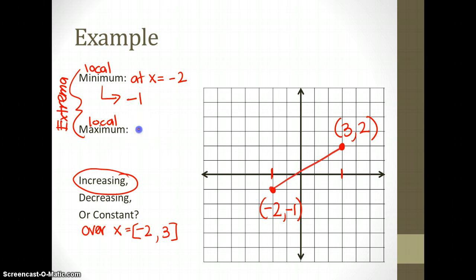The maximum value is at x equals 3, but the maximum is actually 2. So when you say the maximum and the minimum, you're talking about the actual y value. It occurs at a certain x value, but what is that y value?